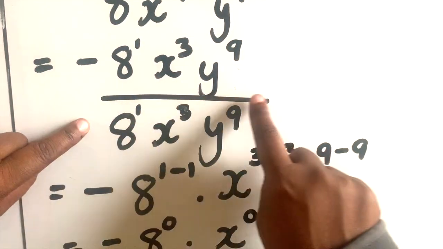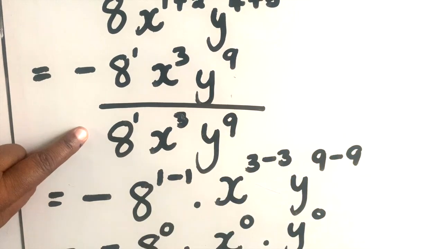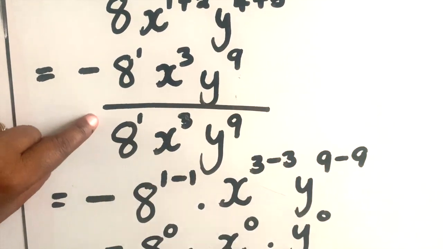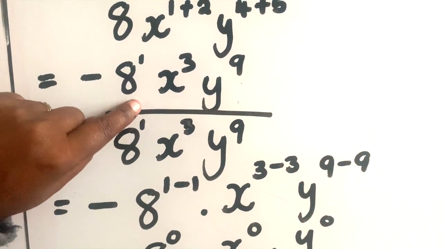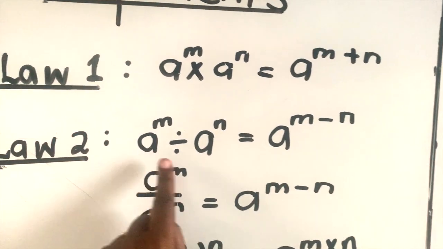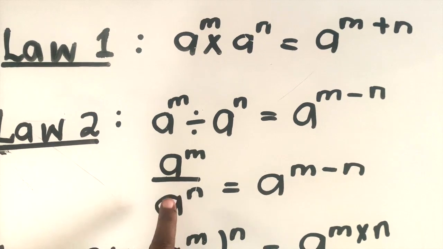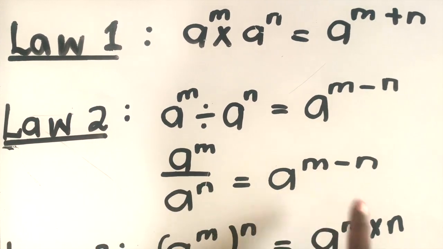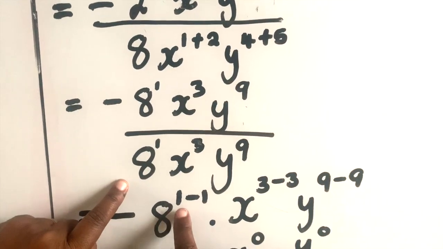Right? And then when we got here on this one, the bases are the same, the 8 and the 8. But this line, you remember when I was saying division can be written with a division sign that you learned from grade 1, or it can be written like this as a fraction. So this is a division. So the bases are the same and we are dividing, then we are subtracting the powers. That is law 2. So here, the base is 8 and we are dividing.